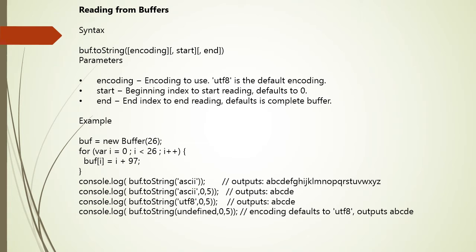If you say console.log(buffer.toString('utf8', 0, 5)), again it will output the first 5 characters, a, b, c, d, e. Console.log(buffer.toString(undefined, 0, 5)): here, as you know, encoding defaults to UTF-8, so the output will again be a, b, c, d, e, right?